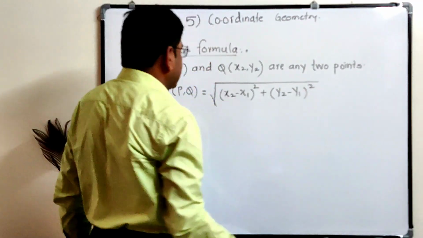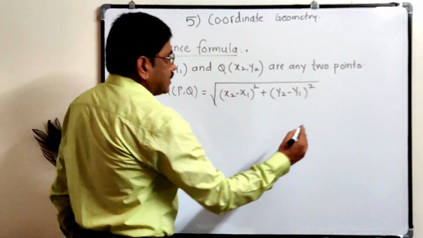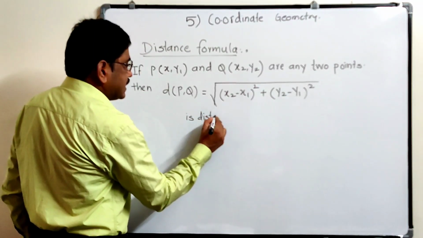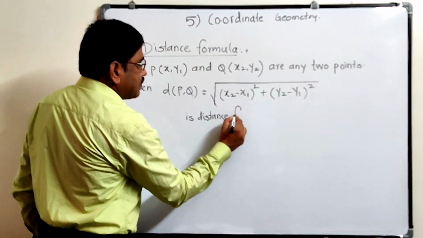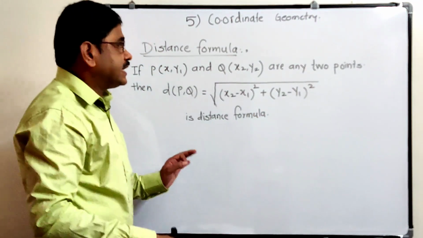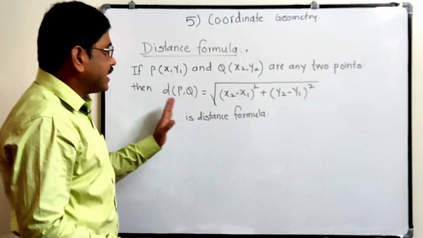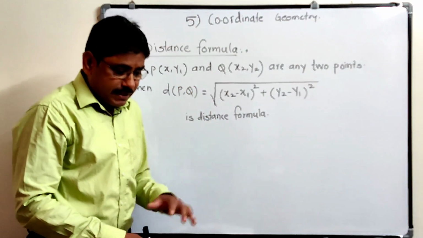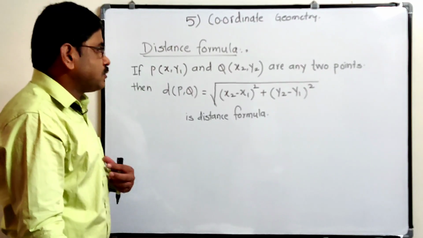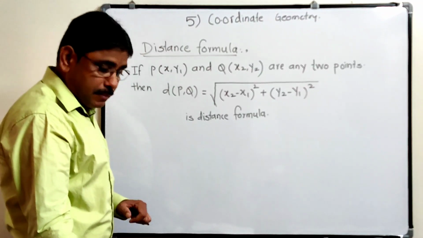So this is the formula, and this formula is known as the distance formula. Using this formula, we can find the distance between any 2 points in a Cartesian coordinate system. Means if x-axis, y-axis is given, then we can find the distance between any 2 points using this formula. So remember this formula, distance formula: root of (x2 minus x1) bracket square plus (y2 minus y1) bracket square.